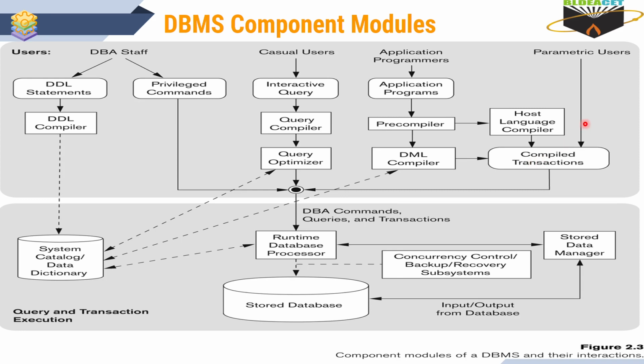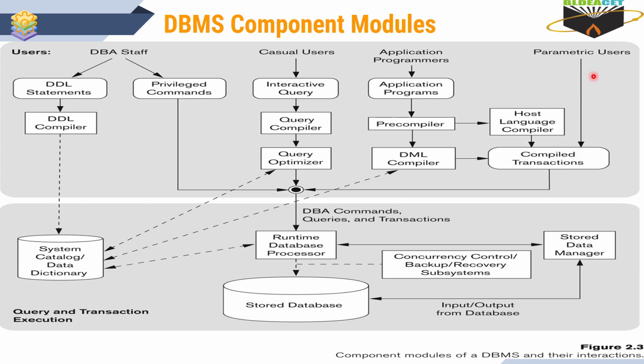Next are parametric users. Parametric users execute this canned or compiled transaction repeatedly by sending different parameters to the transaction. They use the compiled transaction as executable code, which is already available, created by application programmers.